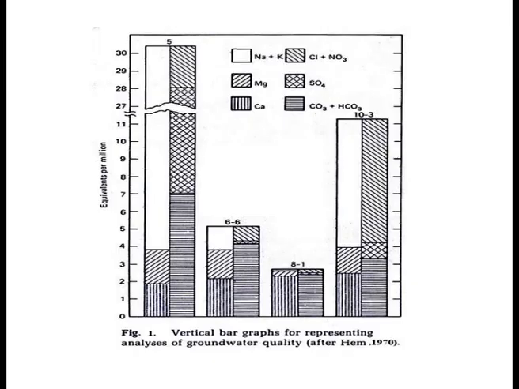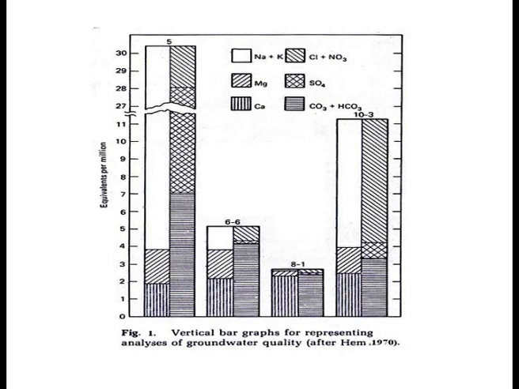Bar diagrams are plotted on ordinary graph paper. On the x axis the sample number is given, on the y axis the total concentration is given in EPM units. One sample is divided into cations and anions, because total cations equal total anions.